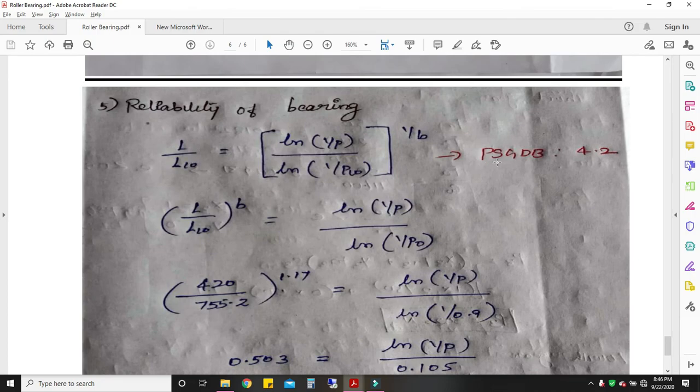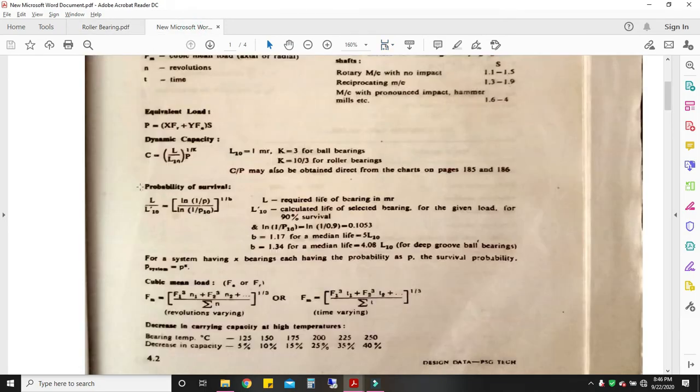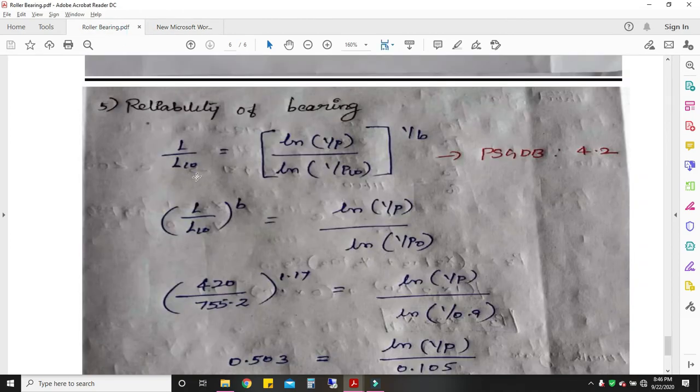This formula is available in the data book, the same page 4.2, probability of survival, that is the reliability. L by L10 equals (ln of 1 by P divided by ln of 1 by P10) the whole power 1 by b. Now rearrange these terms: the 1 by b comes to the left-hand side as a power of L by L10, equal to ln of 1 by P divided by ln of 1 by P10.